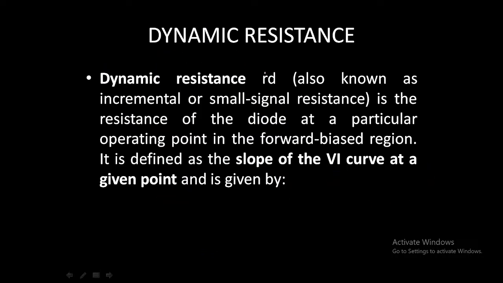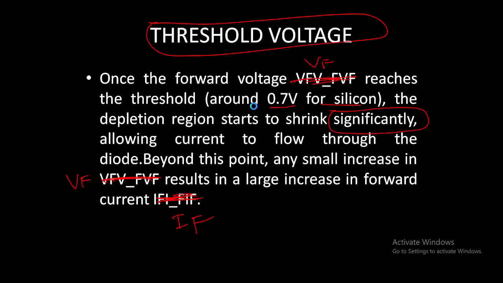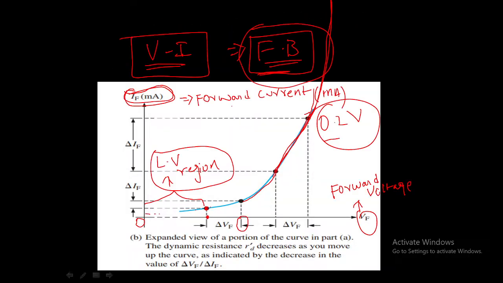The dynamic resistance, denoted by RD, also known as incremental or small signal resistance, is the resistance of the diode at a particular operating point in the forward bias region. It is defined as the slope of the VI curve at a given point. Let's see how to calculate it. We will consider 2 points on this curve.